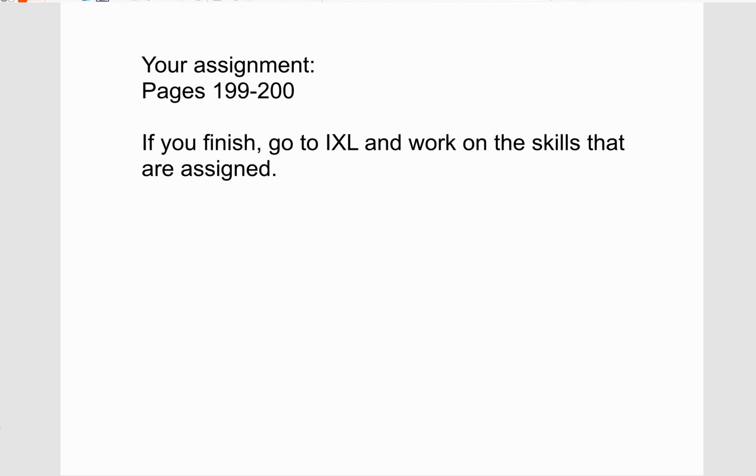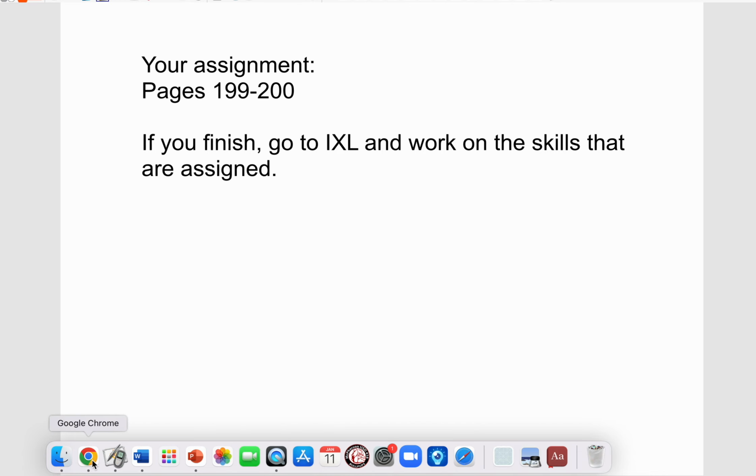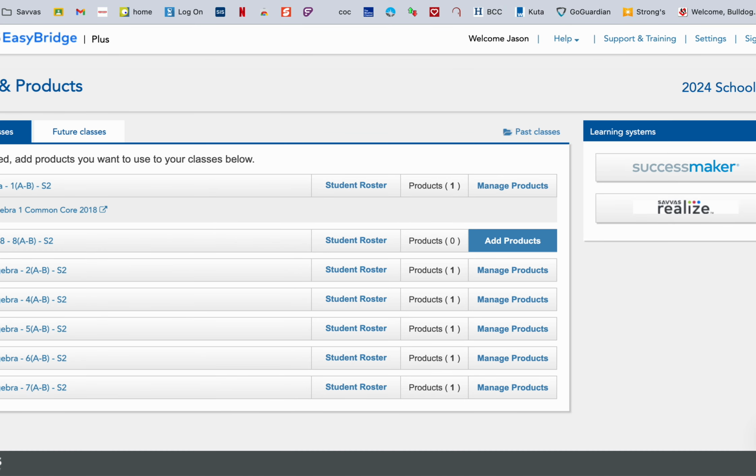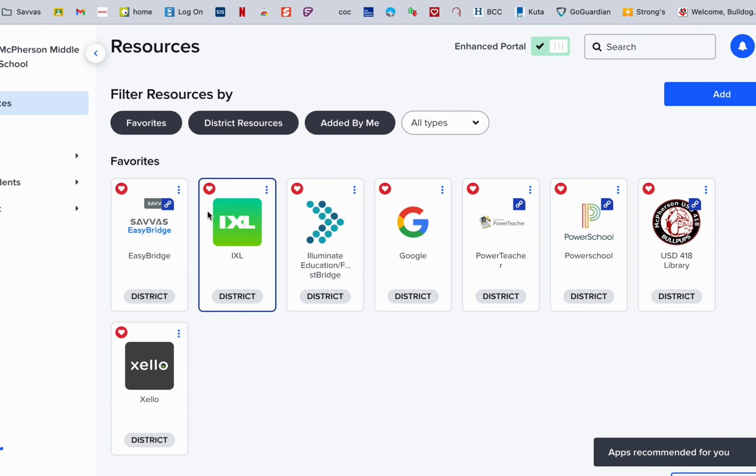You have an assignment, of course, pages 199, 200 in your book. If you finish that, turn it in. If you finish, you can go to IXL and work on the skills that you're assigned. IXL, we haven't been on there in a while. If you remember IXL, it is, not that screen. It's this.